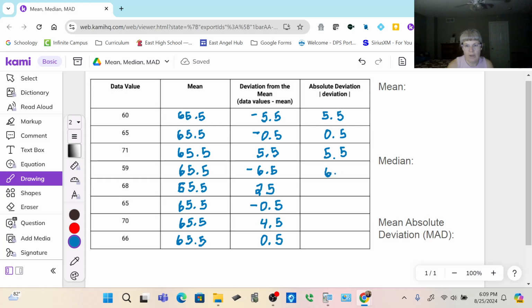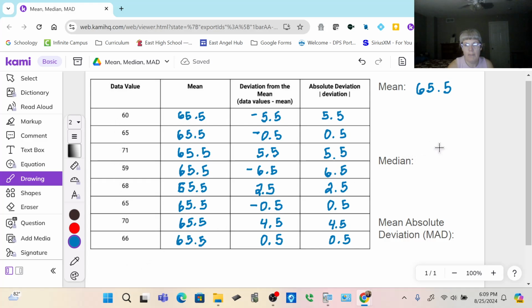Negative 6.5 is now positive 6.5. I believe that should be 2.5. Kind of looked like a 25 for a second. And then again, we're going to have a positive 0.5, 4.5, and 0.5. So we found the mean, which is 65.5, by adding all of these data values and dividing by 8.